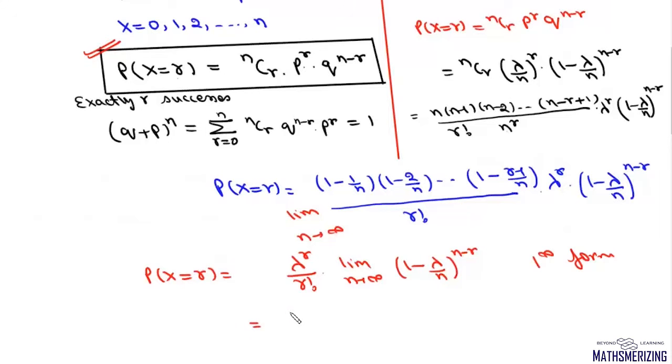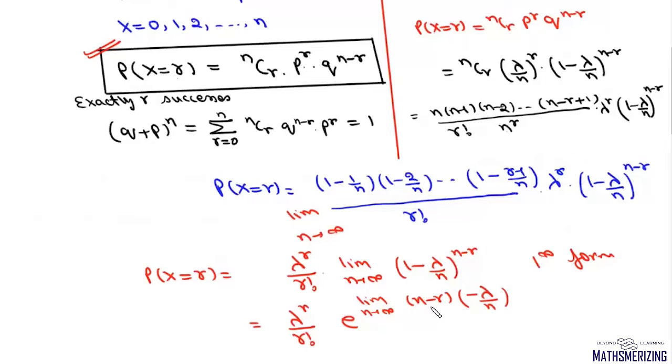So it will be lambda to the power r upon factorial r, and here it will be e to the power this limit n tends to infinite, and here g(x) is n minus r into f(x) minus 1, so it will be minus lambda upon n.